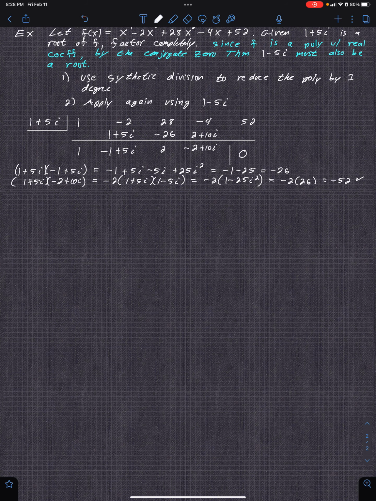You have 1 minus 5i and you divide it into that. So now these are your coefficients that you put in next, just like you would have done by now with just the real cases.